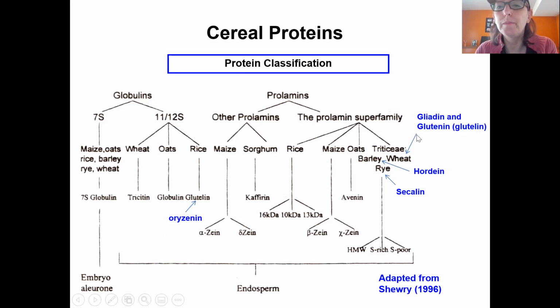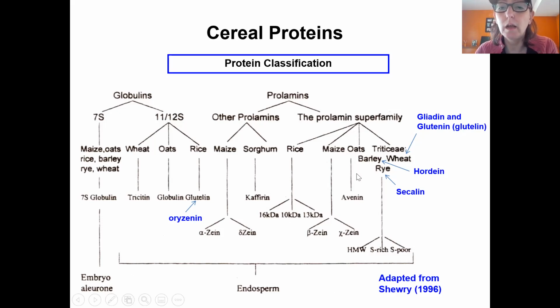So gliadin in wheat is the regular prolamin, and the glutenin is the high molecular weight prolamin that is known as gluten.